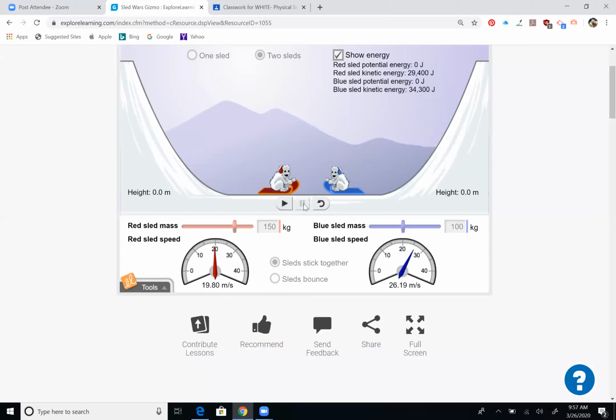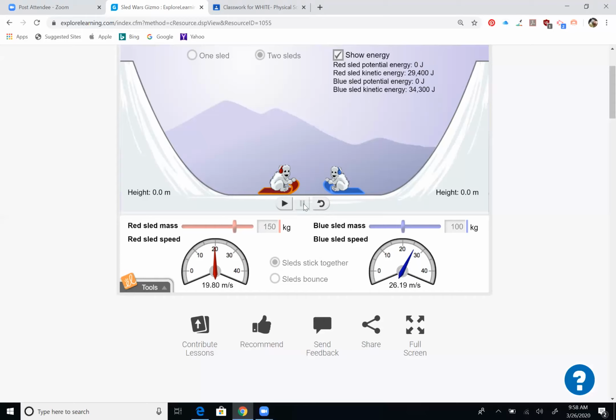All right, so the speed of the red sled was 19.8 meters per second. Momentum of the red sled, we already calculated that, so it was 2,970. Speed of the blue sled was 26.19 meters per second, and the momentum was 2,619.